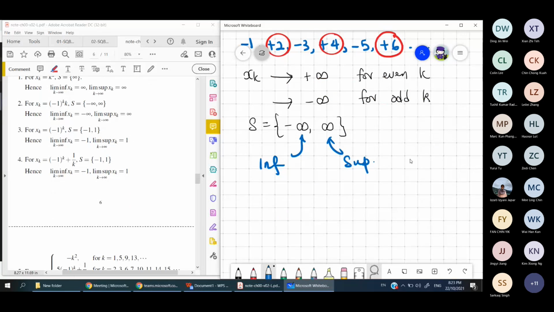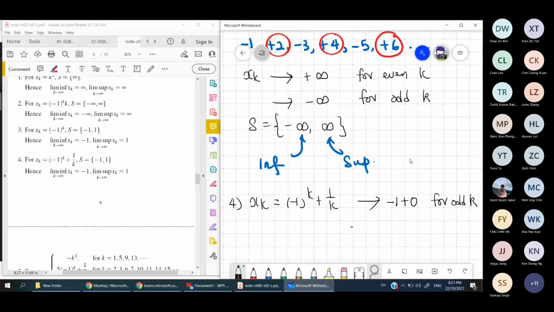I think we look at number 4. Okay. Again, you look at xk is (-1)^k plus 1 over k. So you look at the same idea. So this one will go to -1 plus 0 for odd number k, so that's why it's -1.